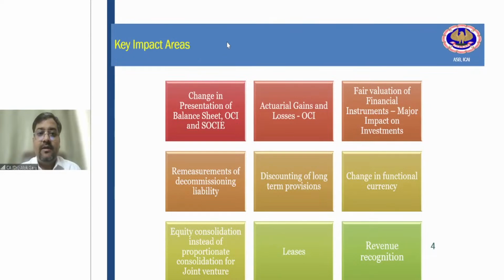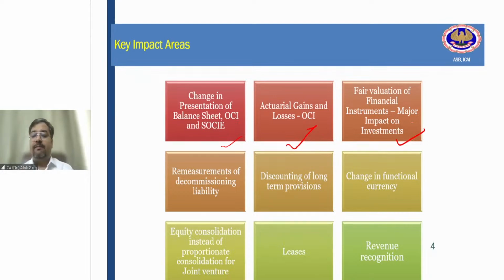Second, if I talk about actuarial gains and losses, if there are actuarial gains and losses on a defined benefit plan like gratuity, these should go to OCI as per Ind AS 19, right? Then the third one, which is very important and which has impacted almost every company of India, is fair valuation of financial instruments, with a major impact on investments, right?